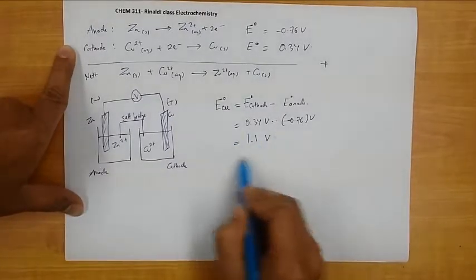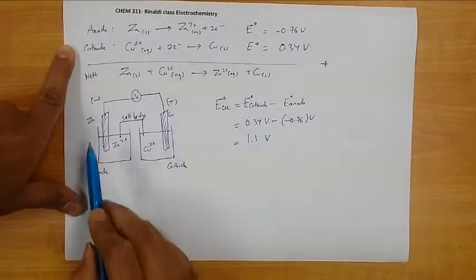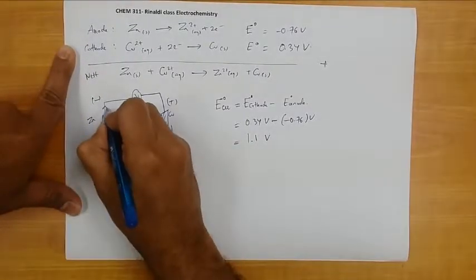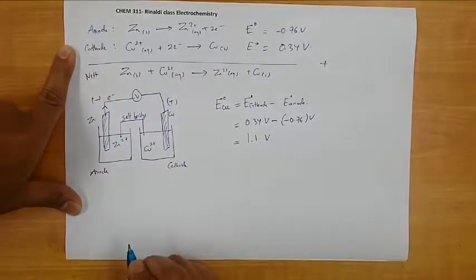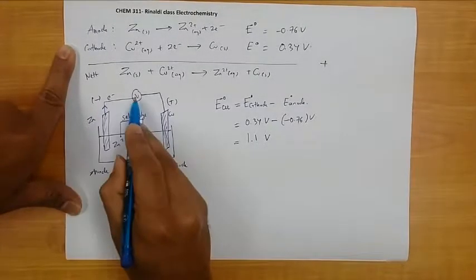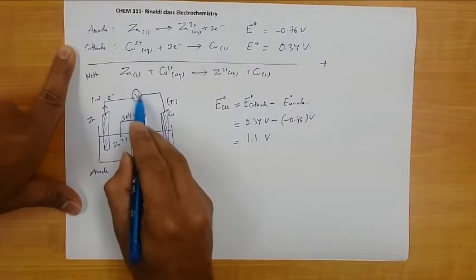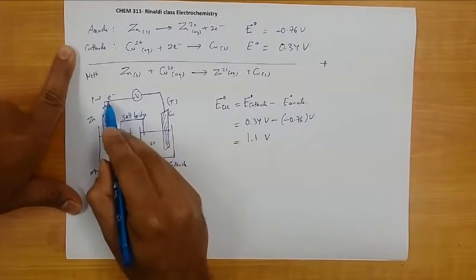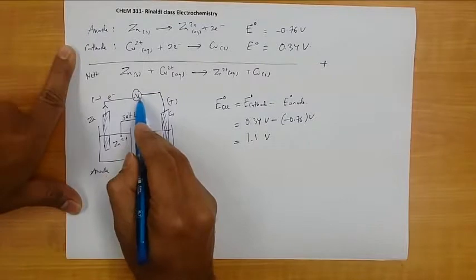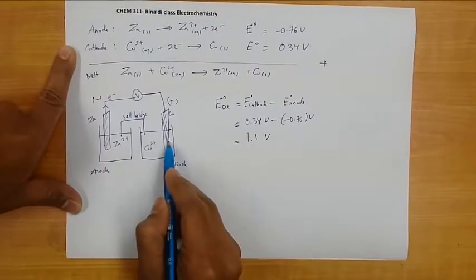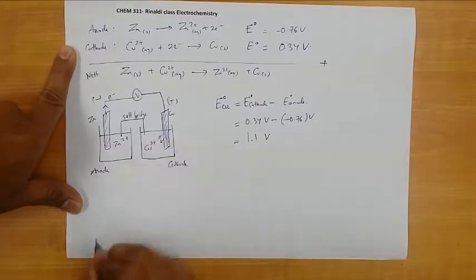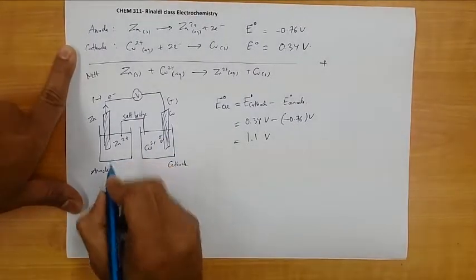So positive means that this reaction is spontaneous. Zinc will give its electron through the cable, in this case, right? So it has to go to the cable, and if you have a light bulb or some electronic device to do work, then the electrons can go through that circuit and do work, and then reduce copper 2 plus here, right?